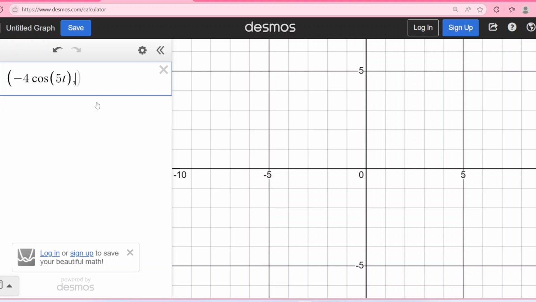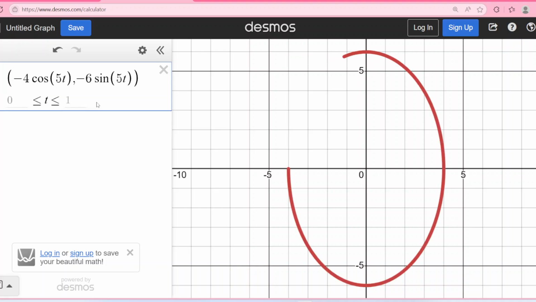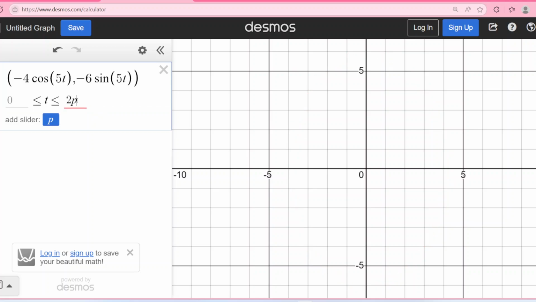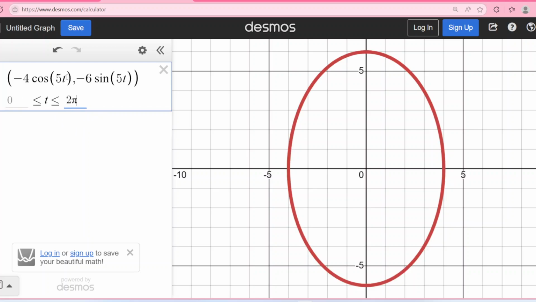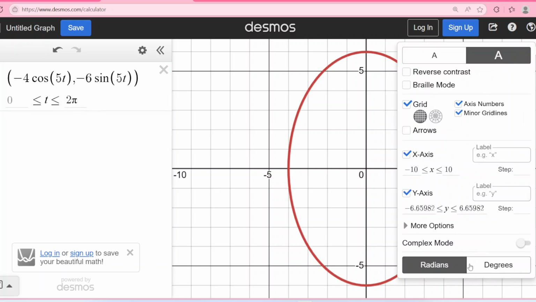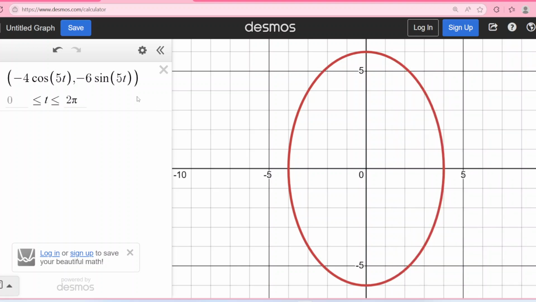Then comma, the y coordinate, -6 times the sine of 5t. And right now they have the range of t from 0 to 1. I'm just going to go all the way around here, 0 to 2 pi. We're in radian mode, by the way. You can go to settings and see whether you're in radians or degrees. You should be in radians in calculus.